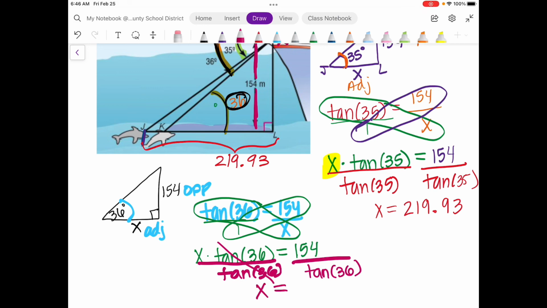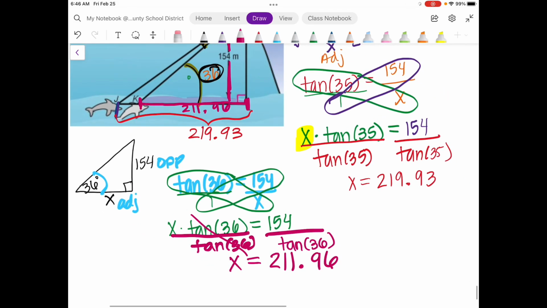And x comes out to be 211.96. It does want us to round to the nearest meter, but I want to show you what we just found. So the distance from here, the front dolphin, to the base is 211.96. So the whole thing was 219.93, and then the shorter one is 211.96.